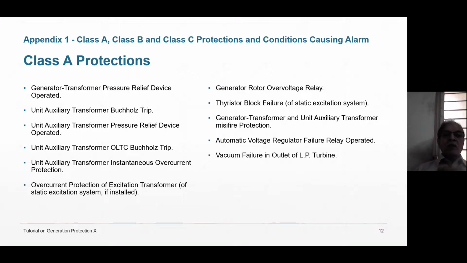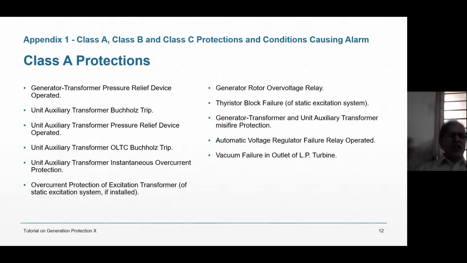Generator transformer pressure relief device operated. Right? Because if a large voltage occurred, then in the generator transformer a big amount of oil will be converted to gas, and that gas will be entrapped in the conservator, and then the conservator will burst.